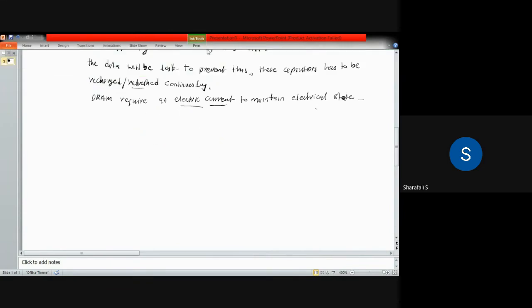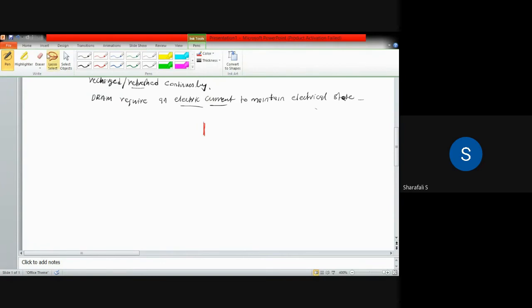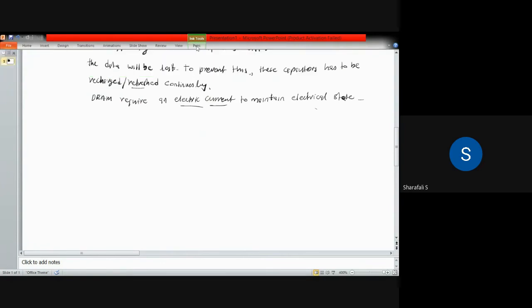When you are considering memory, we have the transistor element here. I will draw it a little below because we need more space there. So let's consider this is your transistor.